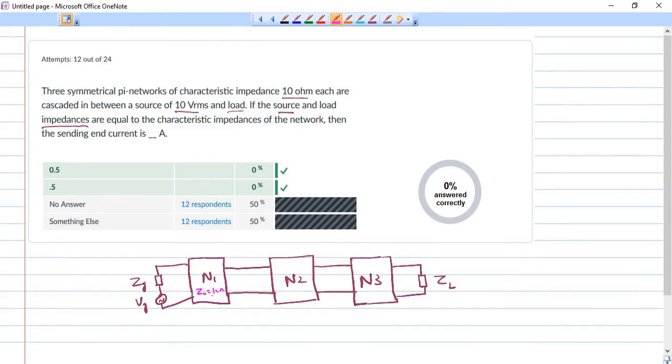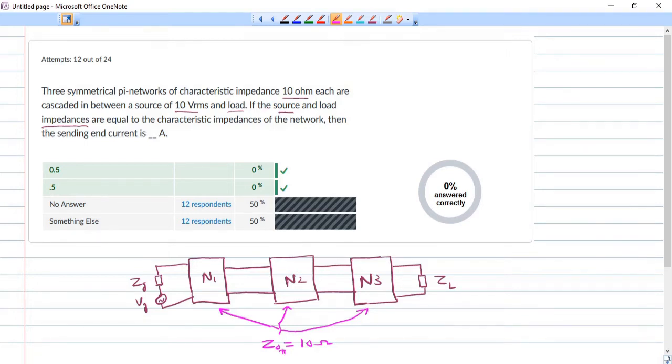This is for all the three cascaded networks. So this is the picture given.